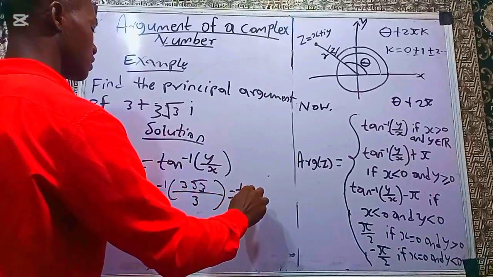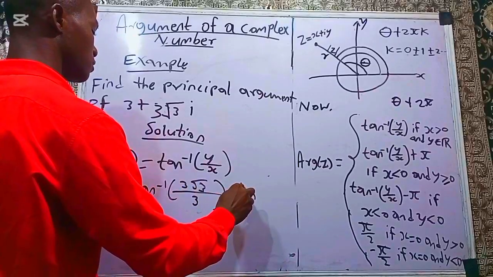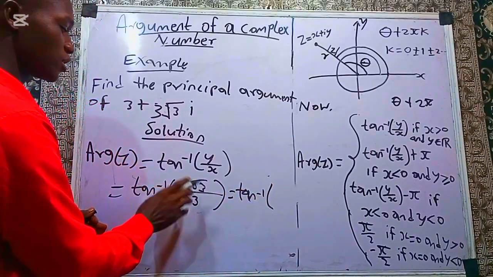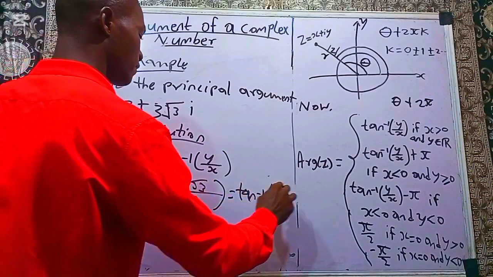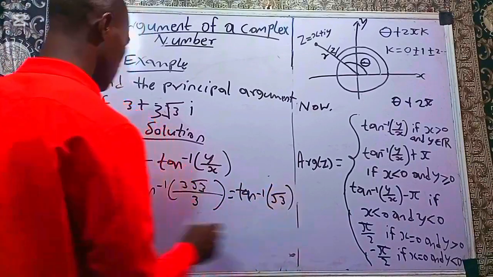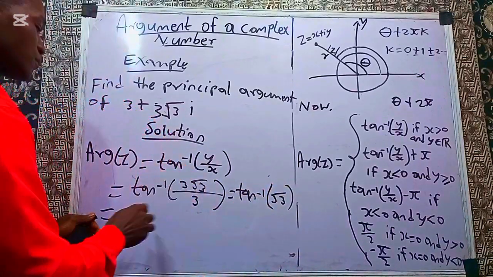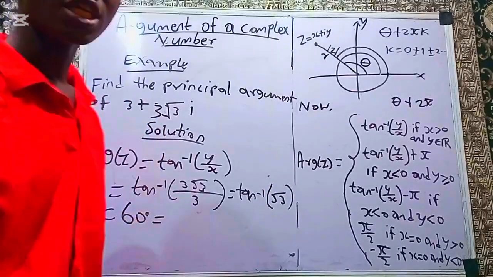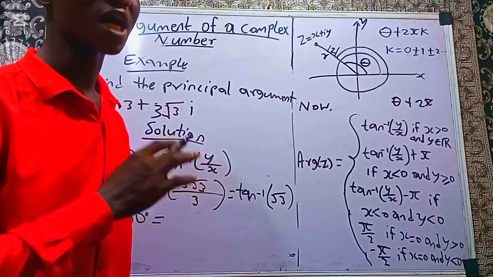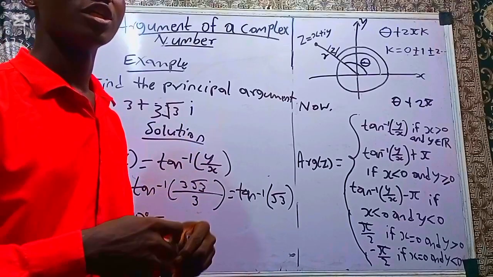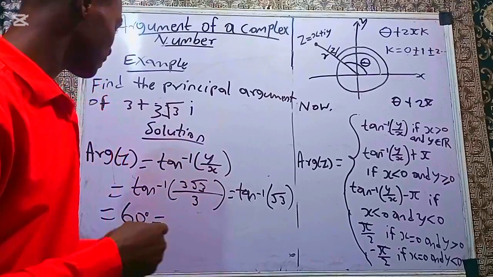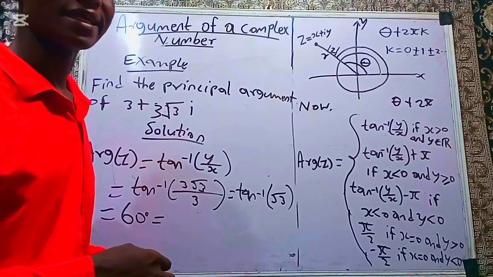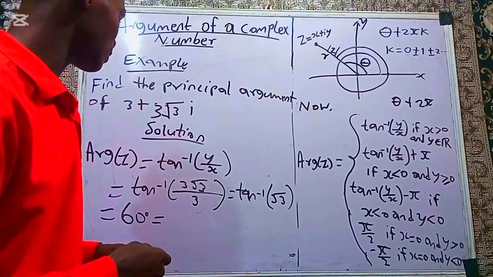This will be tan inverse of 3 divided by 3, you are going to get 1 times root 3. So you have tan inverse of root 3. Tan inverse of root 3 is 60 degrees. But if you are solving anything on principal argument and argument, the angle you get, you must convert it to radians.